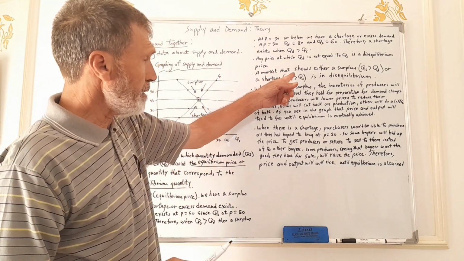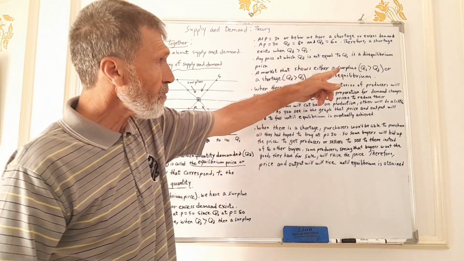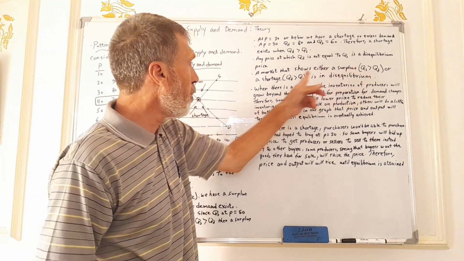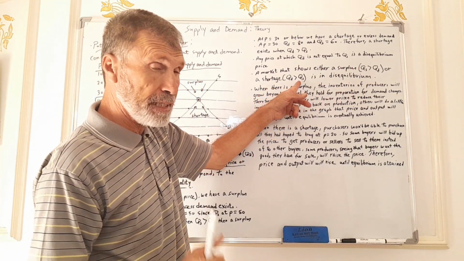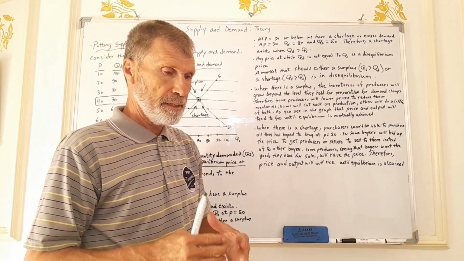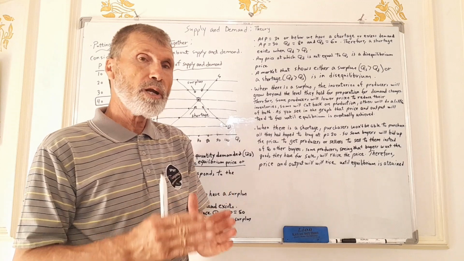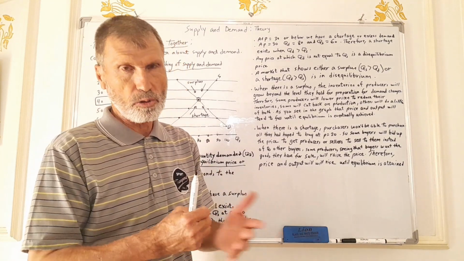A market that shows either a surplus, where the quantity supplied is greater than the quantity demanded, or a shortage, where the quantity demanded is greater than the quantity supplied, is in disequilibrium. In other words, we will have a disequilibrium state whenever we have a surplus or a shortage.